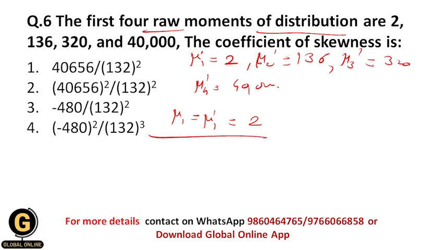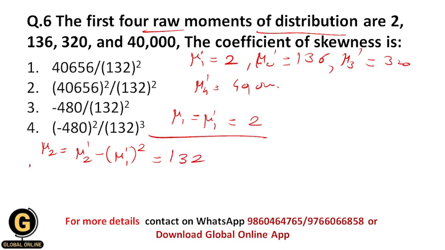Whenever you need to calculate the value of mu2, the formula is mu2' minus (mu1')^2, and that's why the correct value is 132.